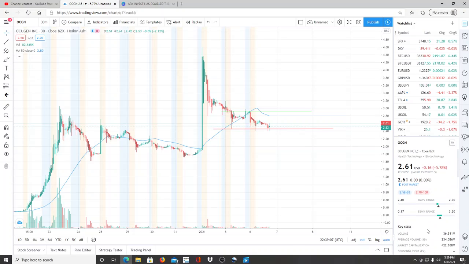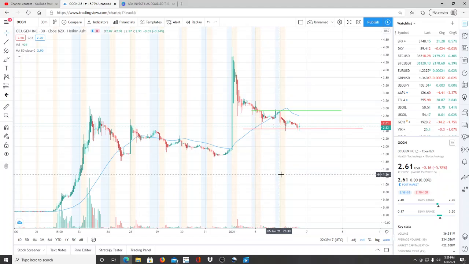Now, I find it interesting that Ocugen's trying to take advantage of the fact that there's going to be a need for vaccines. But I mean, can't blame them for that. We need to watch this carefully. We need to be very vigilant of how this stock is moving.